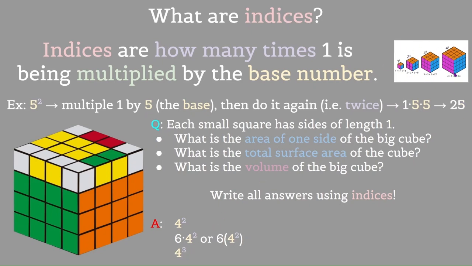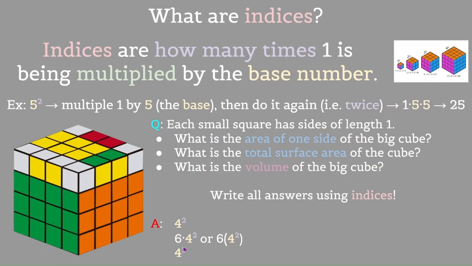To get volume, the answer was here all along, right? We have a length of 4, a width of 4, and a depth of 4. So that would be 4 times 4 times 4.